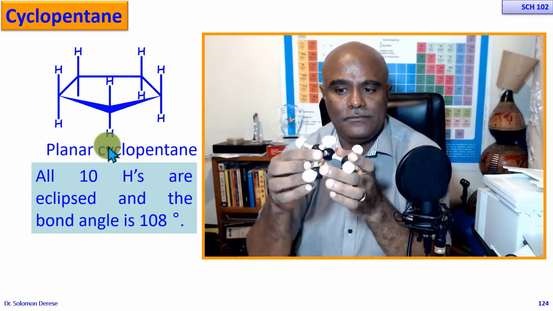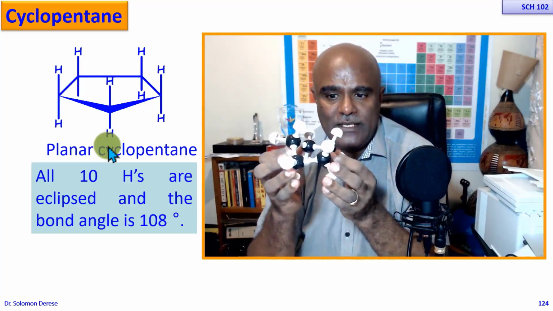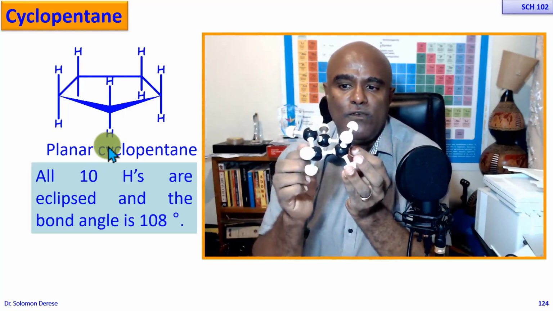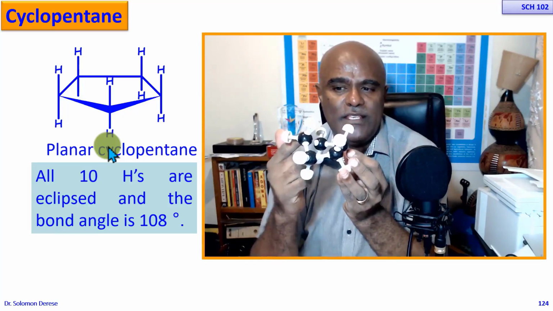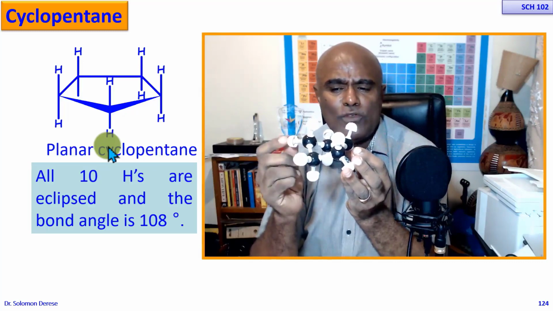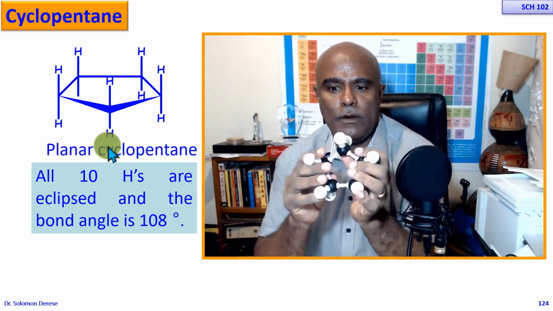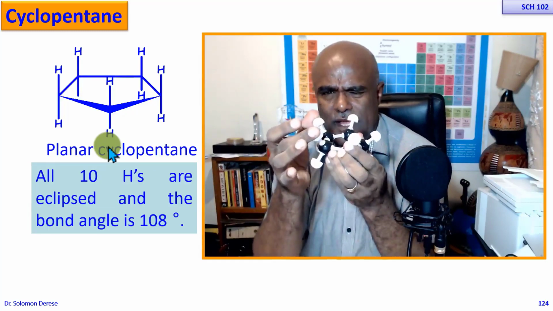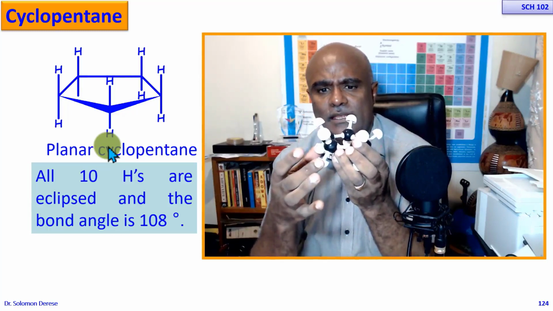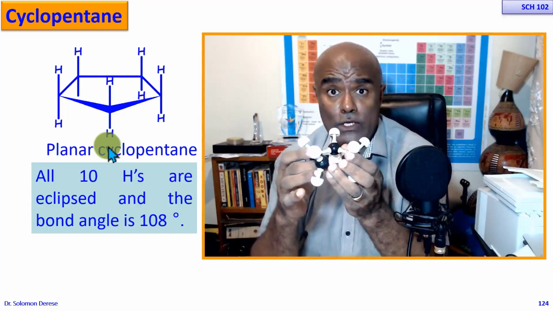When it comes out of plane, you will see that these 4 carbons remain in the same plane. It is only this one that has come out of plane. You remember in the planar conformation, these were totally eclipsing each other, this one eclipses this one, eclipses this one totally.